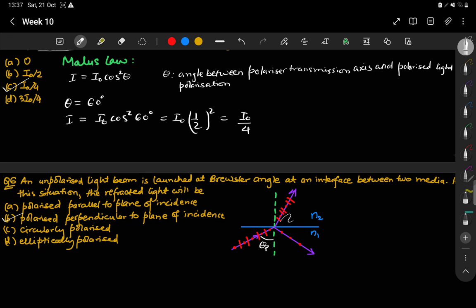Also the refracted light and the reflected light make an angle of 90 degrees with each other.